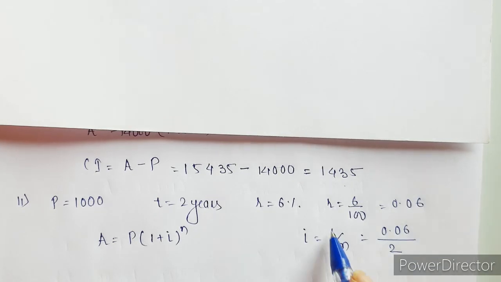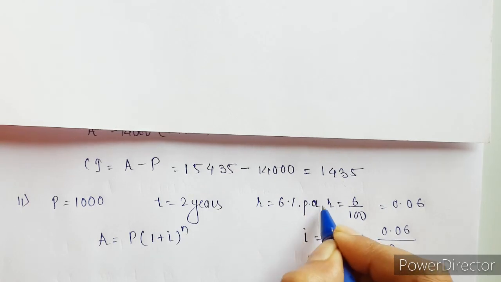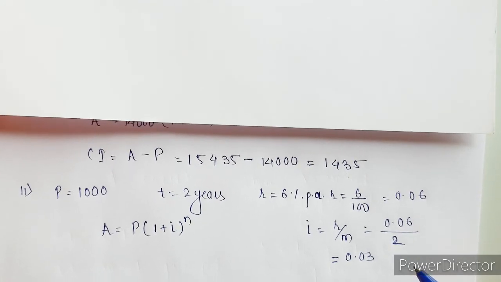This rate of 6% is per annum, but we are going to compound it after every 6 months, so the rate of interest for 6 months will be 0.03.